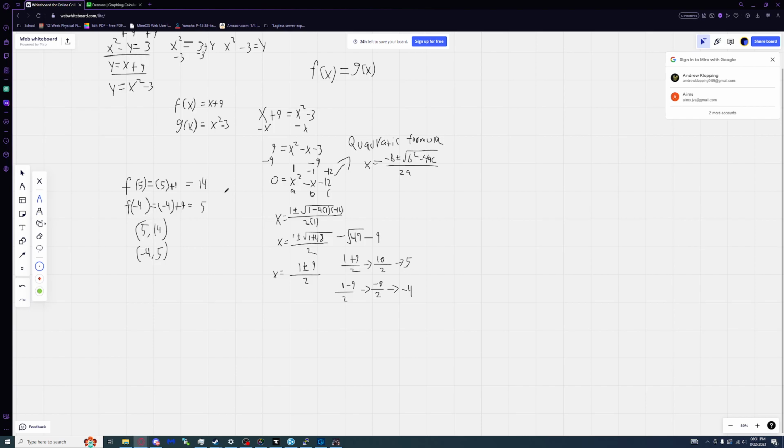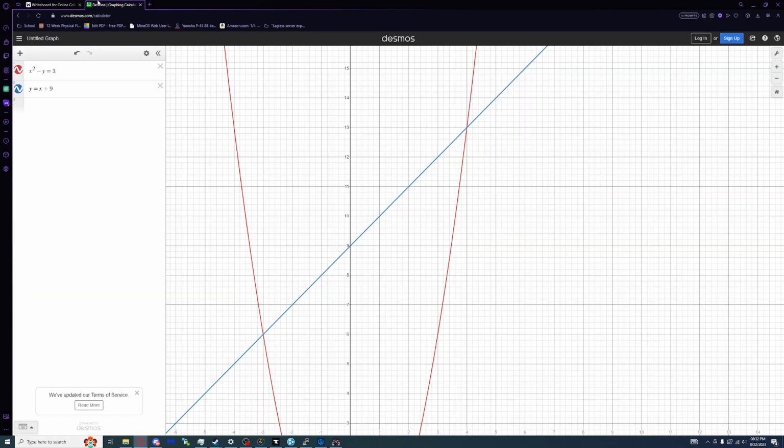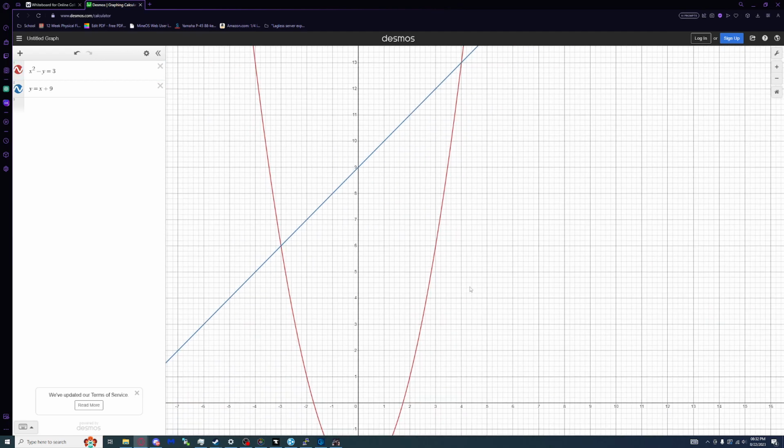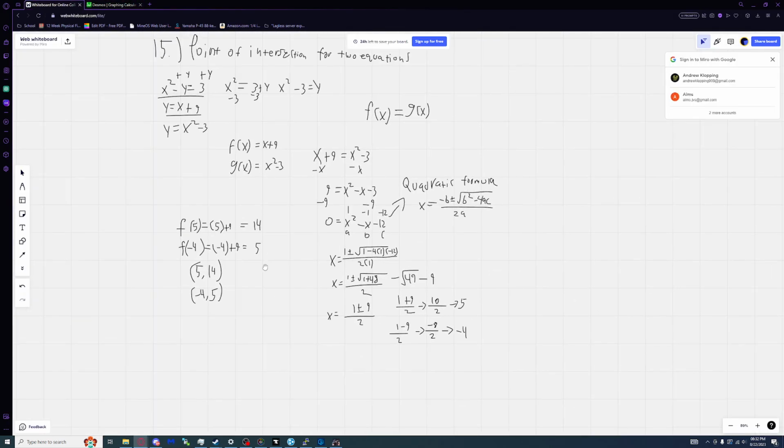And we get 5. 5 plus 9 is 14. Negative 4. So it should be negative 4. What? What am I getting wrong here?